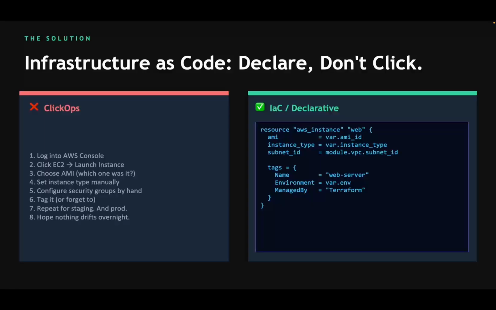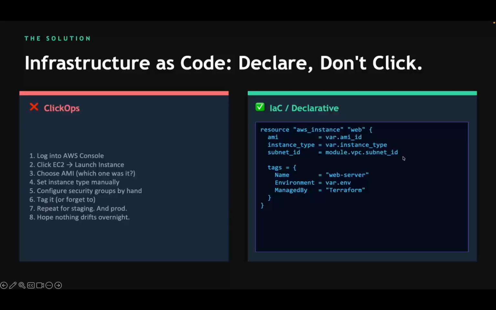Meanwhile, on the right-hand side, you declare using infrastructure as code what you want to exist, not how to create it. In this case, the infrastructure as code tool, which is Terraform, reads our declaration, figures out what's currently in AWS, calculates the difference, and makes it so.